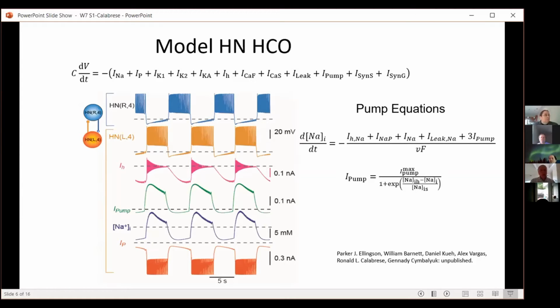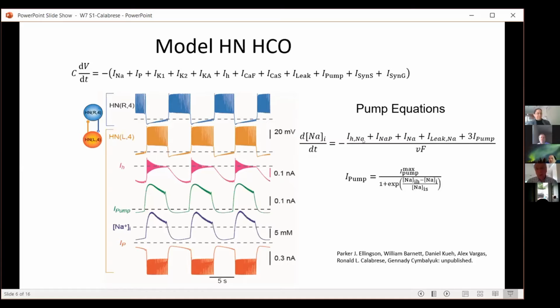So those are the traces, and what we're doing here is we have all these different currents shown at the top, and they're synaptic currents, of course, associated with the inhibition, and then the internal concentration of sodium is calculated by looking at the contributions of various different currents to the sodium concentration.